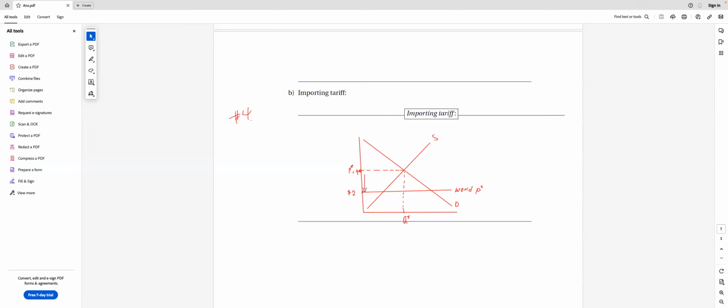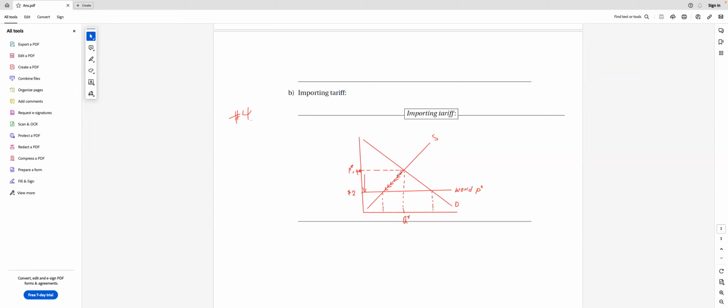So at $2, the quantity demanded is here, and the quantity supplied is here. The quantity supplied is decreasing, because American producers have no way to compete with the Chinese producers.